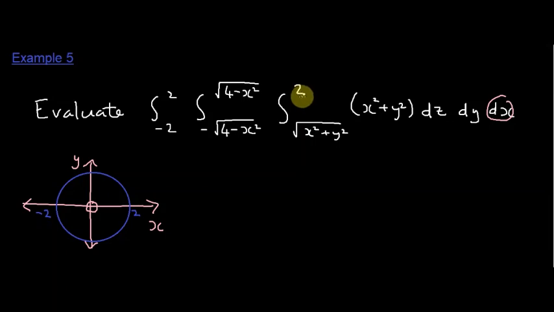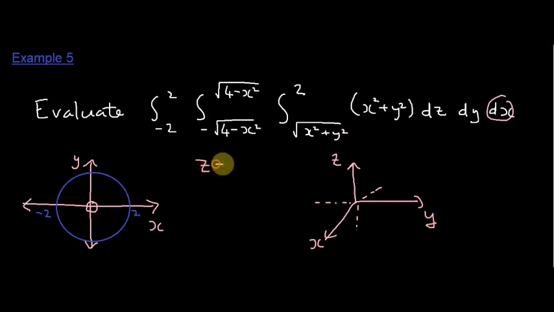Let's now look at the limits for z. We want to draw this region. We're going to need a sketch in 3D. Now, we're interested in what this looks like.